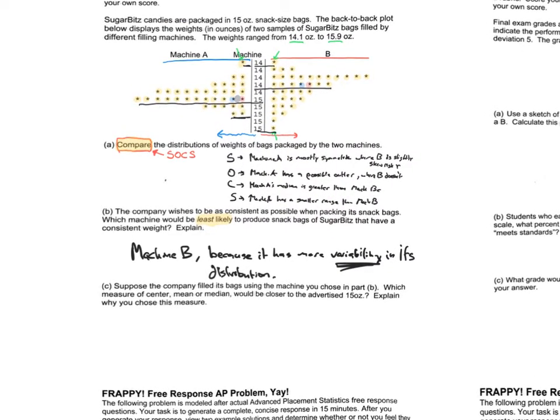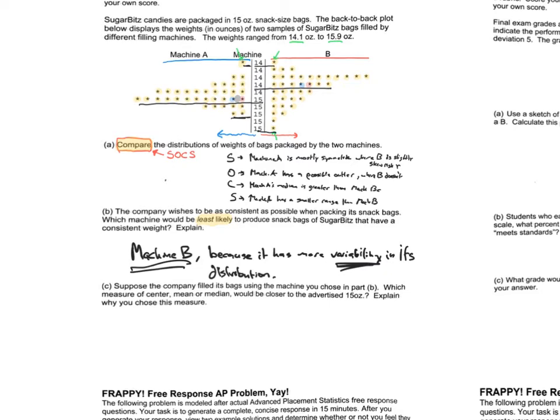And then finally it says, suppose the company filled its bags under the machine you chose in part B. So they're using machine B, right? So it's least likely to have a consistent weight. Which measure of center, mean or median, would be closer to the advertised 15 ounces? Explain why you chose your measure.